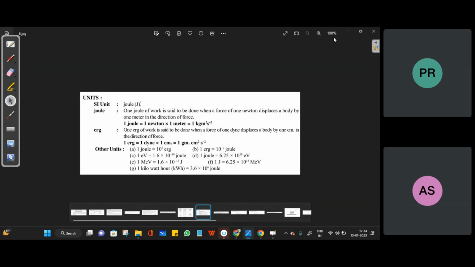What is the unit of force? Newton. What is the unit of displacement? Meters. So its unit is Newton meter.